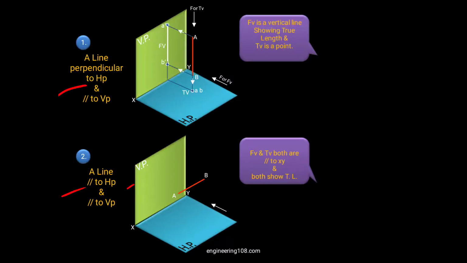Now to draw the front view, the observer observes from the front, perpendicular to VP. Here the two points are transferred onto the white line, that is the front view, and here is the top view.